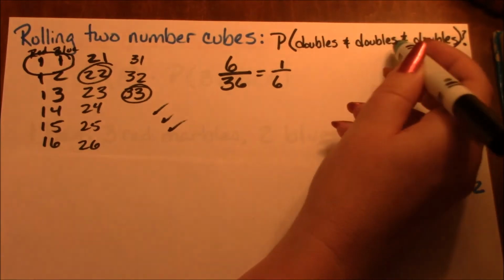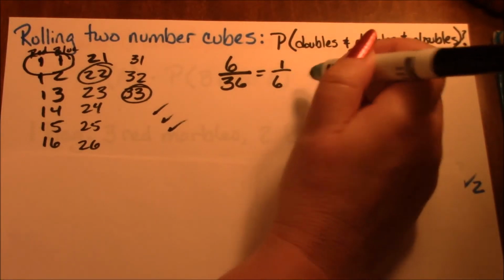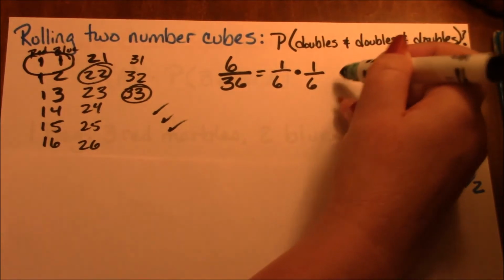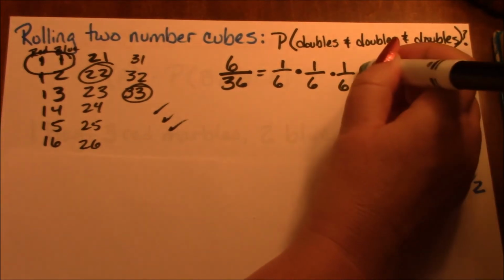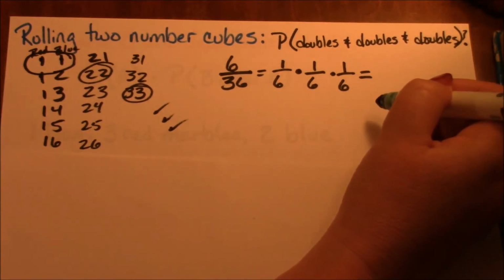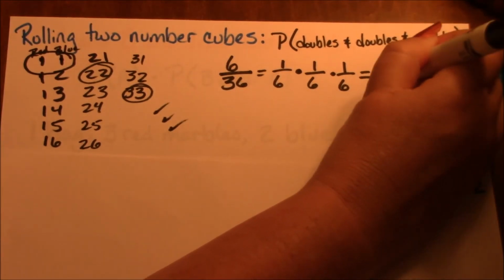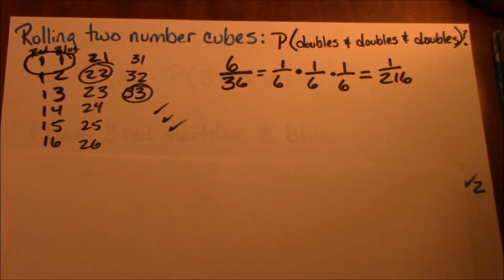Now, what's the probability that I roll a double the second time? Well, it doesn't matter what I did the first time because it's an independent event. So I'm going to multiply it by 1/6, and then for the third time I'm going to multiply it by 1/6. And I'm going to get out my calculator, and I'm going to see that that is a 1 in 216 chance.